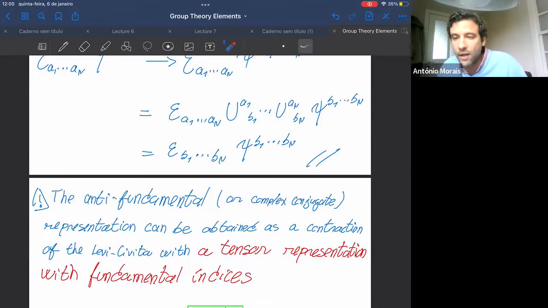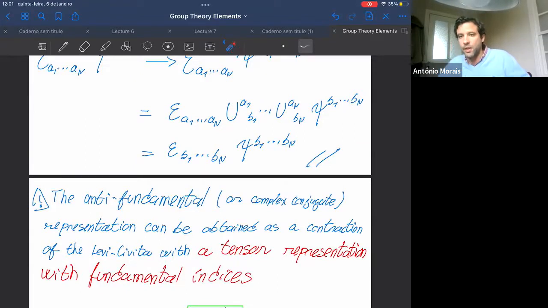It works like in quantum mechanics. You learn that you can start with the spin 1/2, and you can use ladder operators to go to other angular momentum representations. So this, in fact, is analogous to that.